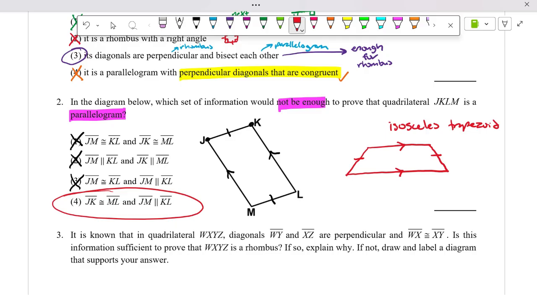So let's do this. I have these two magnets, exactly the same length. I'm going to line them up perfectly with these two lines. So they'll be parallel to each other.